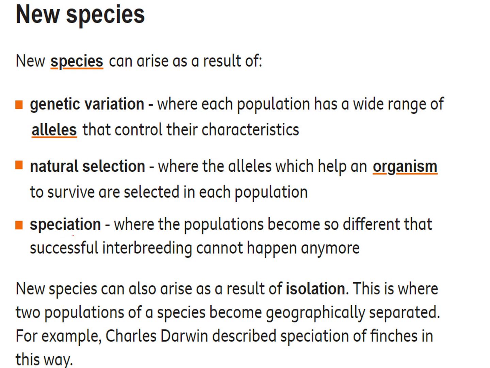And at the end of the rabbit discussion, we talked about speciation, where the two different groups of rabbits became so different that they can't interbreed anymore. So new species can also arise because of isolation, and we saw that in the rabbit example where the river separated the two different populations.